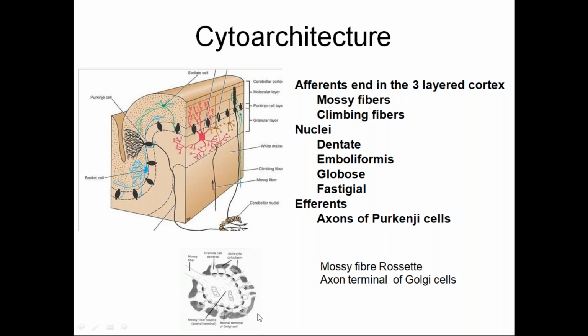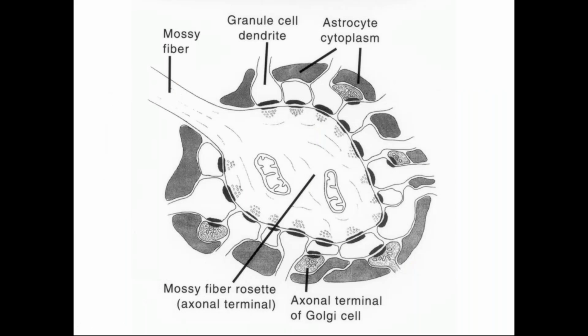So this is called a rosette, and they are all protected by the glial cells, the astrocytes, for conserving the neurotransmitters. So this is what it looks like. This is an axon terminal of a Golgi cell, and the mossy fiber, as it enters the white matter, gets demyelinated, and the granule cell sends its dendrites.